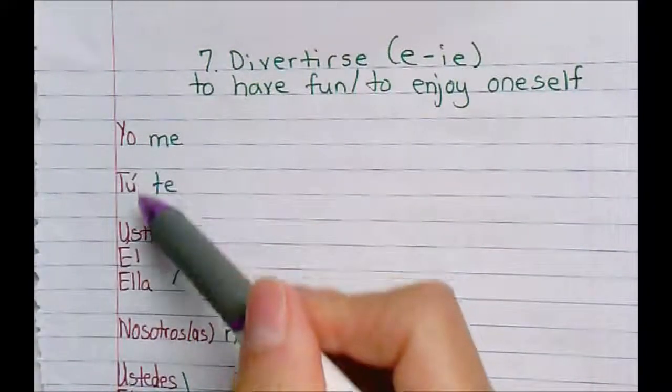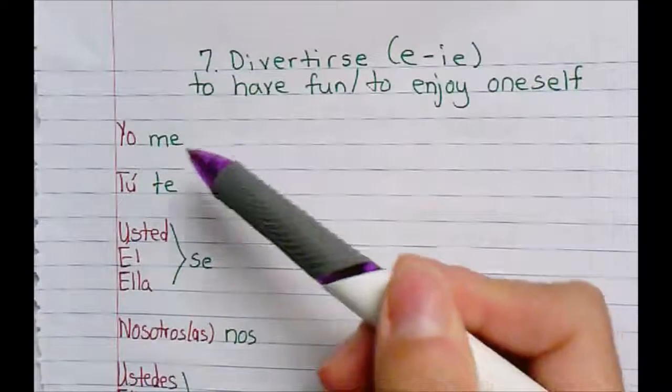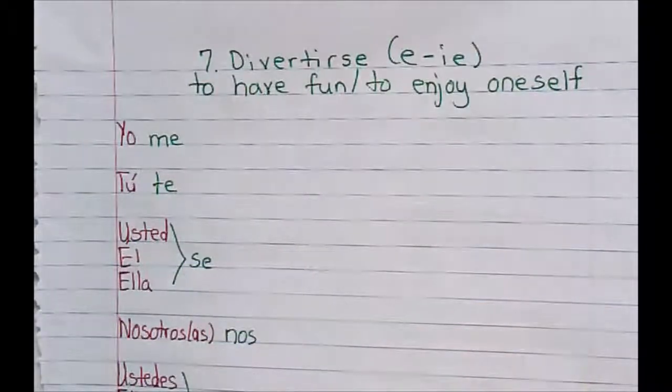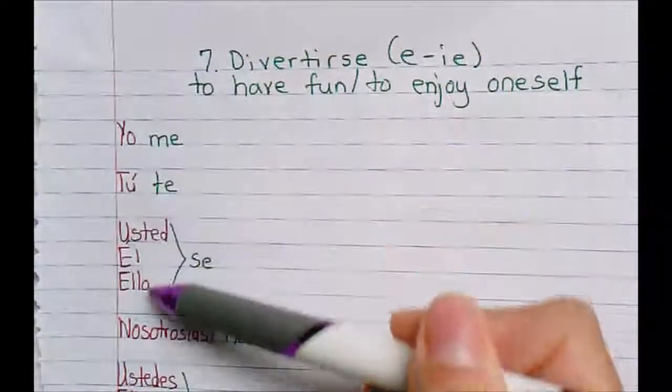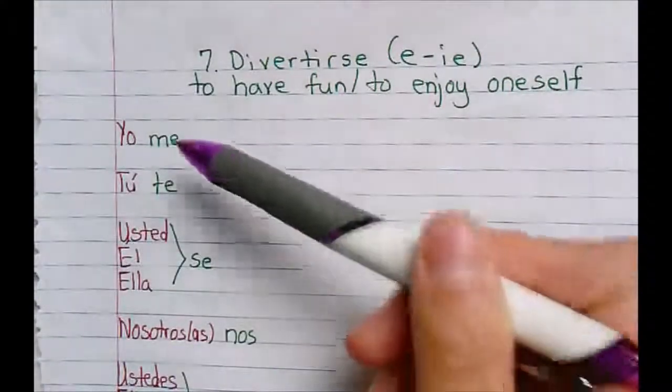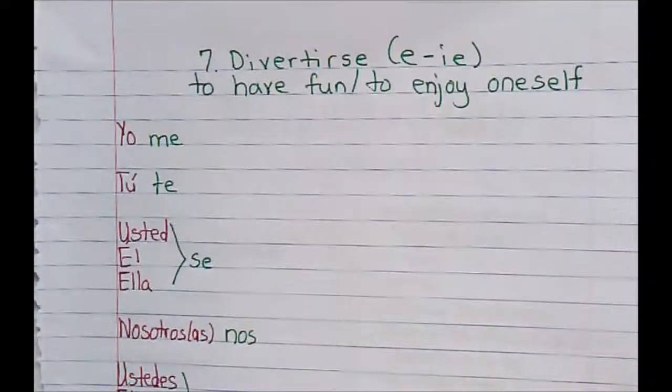Notice I have all of my subject pronouns written down, and then I have my reflexive pronouns written down. Como ustedes pueden ver, tengo los pronombres del sujeto escritos, después sigo con los pronombres del reflexivo y ahora voy a conjugar este verbo reflexivo.